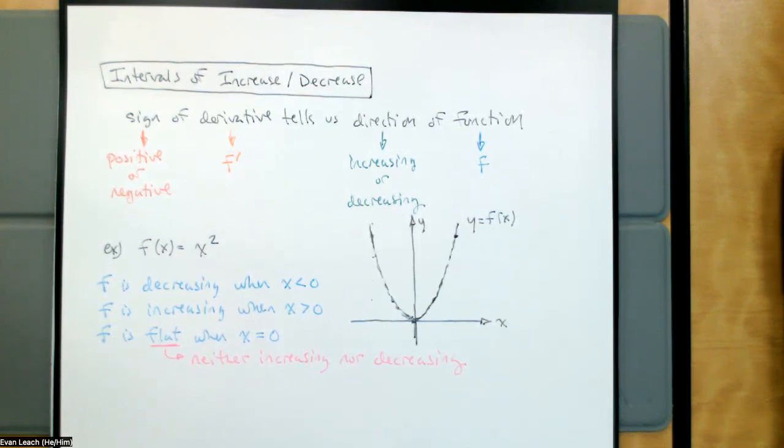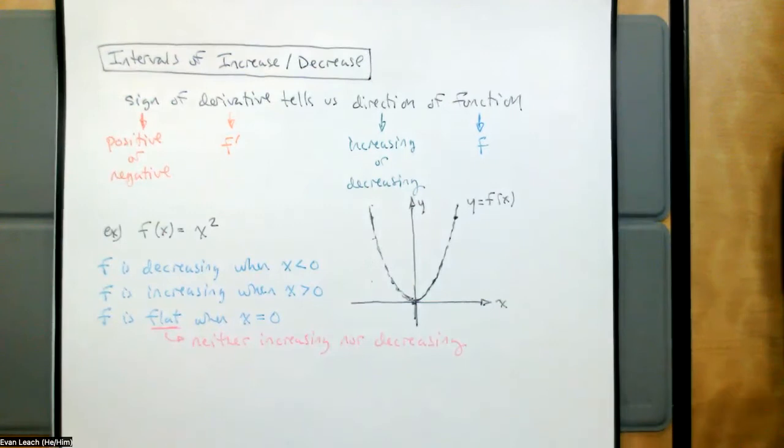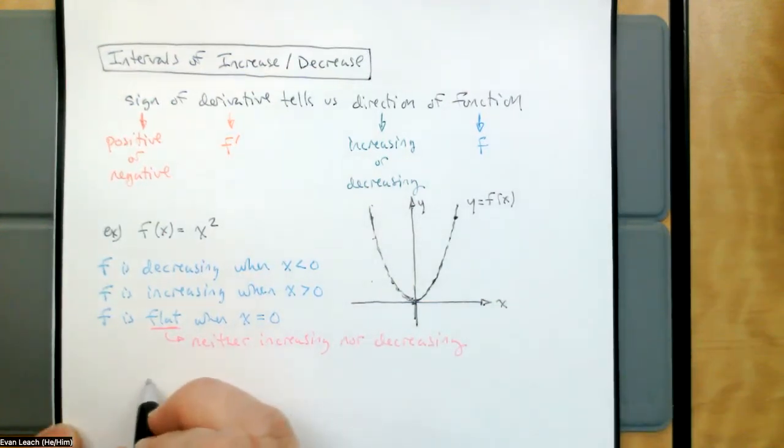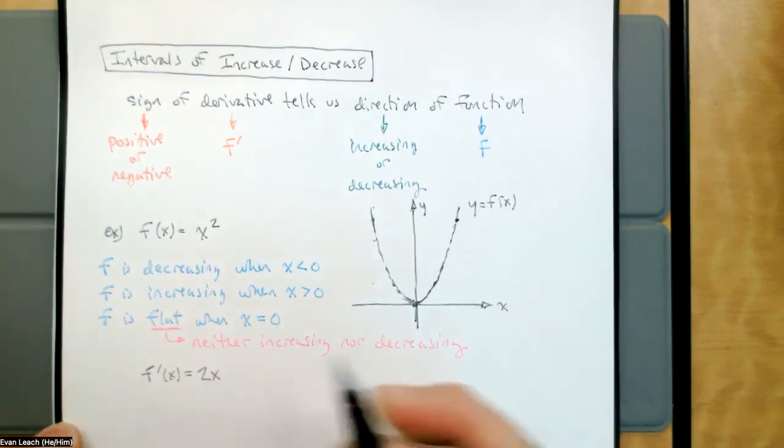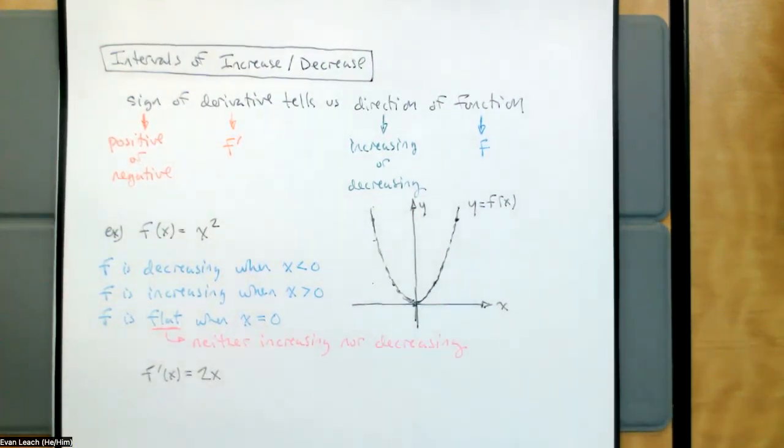If we look at the derivative of this function, we get 2x. 2x is just a line. When x is negative, 2x will also be negative. When x is positive, 2x will be positive.